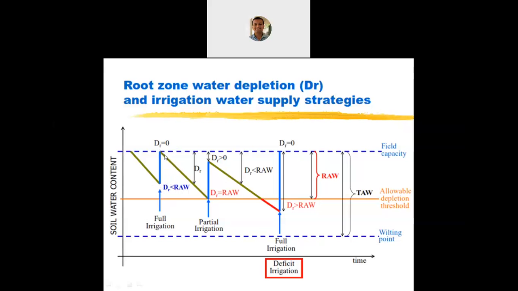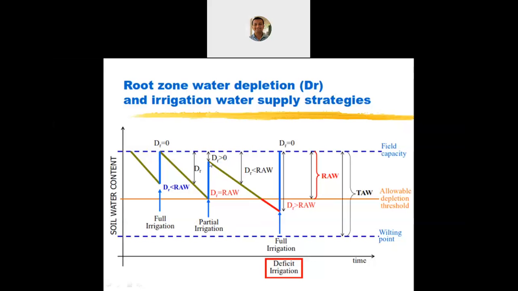In another situation, we allow the soil water to deplete up to the allowable depletion threshold, and here we again apply irrigation, but not the full amount of water to revert the soil water status back to field capacity. That means we are applying only a certain amount of water, so that the soil moisture status is somewhere between field capacity and the allowable depletion threshold. So in this case we are applying partial irrigation.